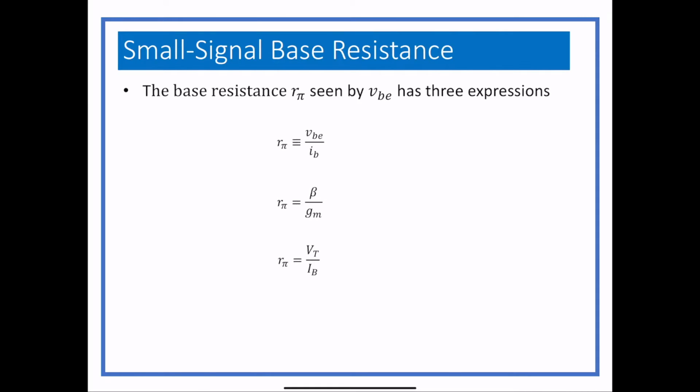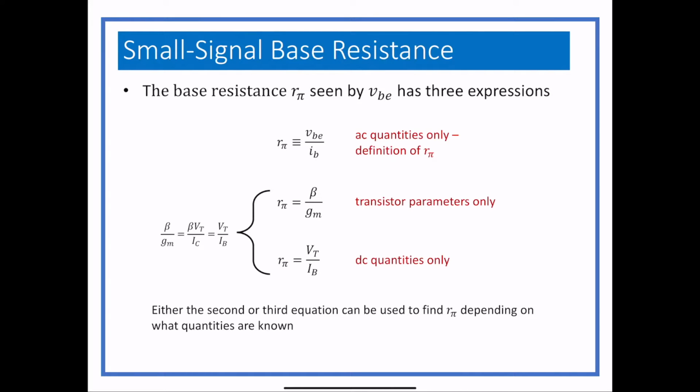The definition of this base resistance is just the AC value of VBE over IB. That's never how you find it. That's just the definition. So don't go looking for VBE and dividing by IB, because that's not going to give you the value. The values you're going to use are generally either the second or the third, and they are entirely equivalent.